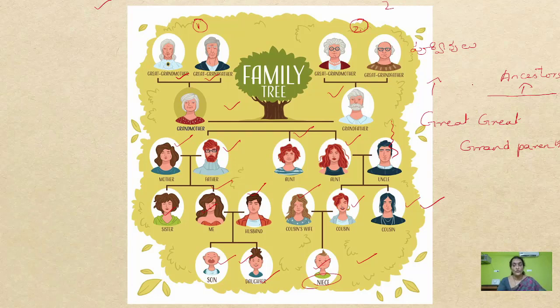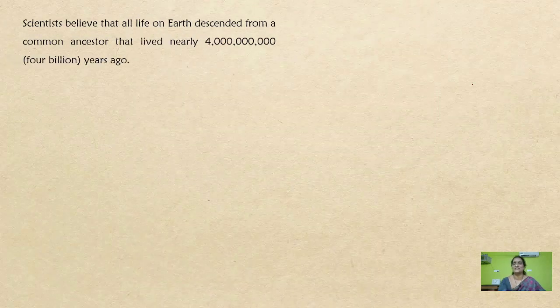And do you know children? We all have evolved from a common ancestor. Okay children, read this. Scientists believe that all life on earth is from a common ancestor.